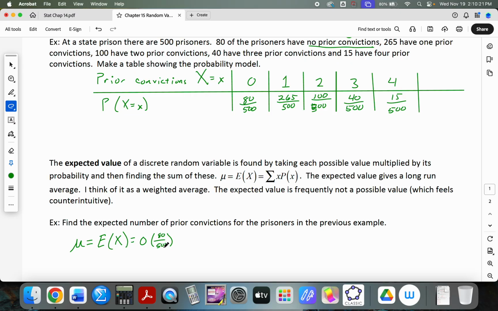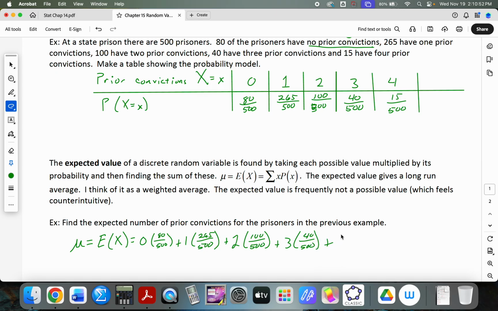The value is 0, and the probability of getting 0 is 80 out of 500, plus 1 times 265 over 500, plus 2 times 100 over 500, plus 3 times 40 over 500.